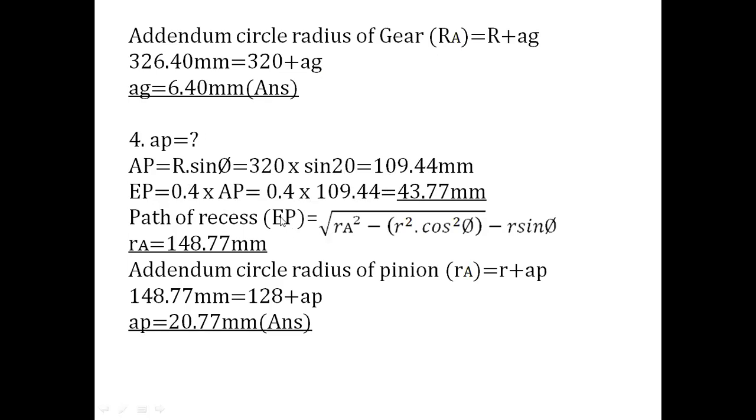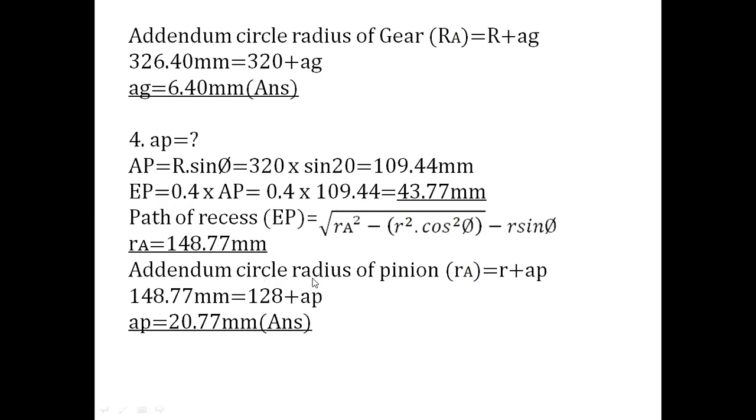Okay, so the value of path of recess is known. This we have to find out. This is known and this is known. Only one, small RA, is unknown. So putting the value of path of recess in this equation, we are getting small r suffix a, the addendum circle radius for pinion, equal to 148.77.